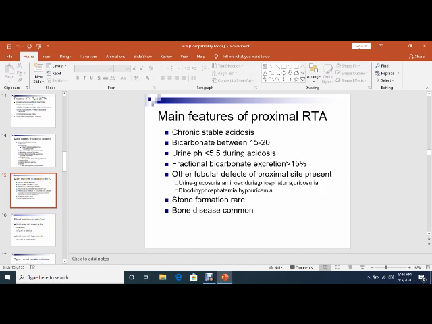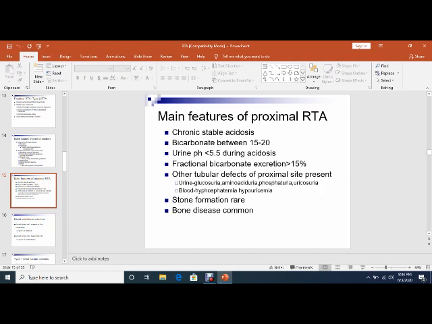First of all, always check the urinary pH. If it is less than 5.5, the major cause is proximal RTA, and fractional bicarbonate excretion is more than 15.